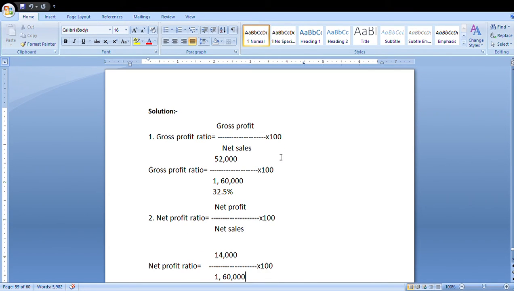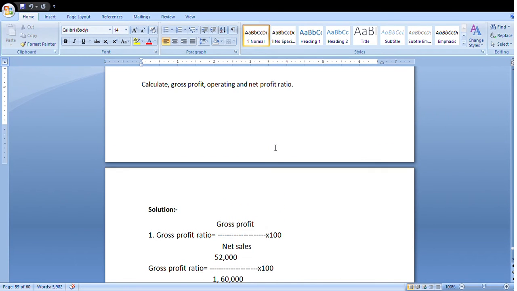The gross profit ratio formula is equal to gross profit by net sales into 100. To apply this formula we require gross profit and net sales. In the problem, the gross profit and net sales are available.